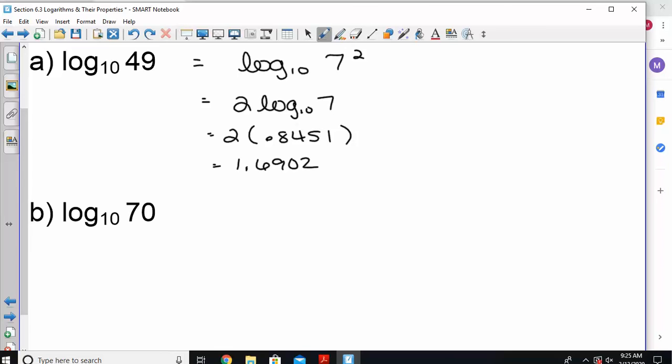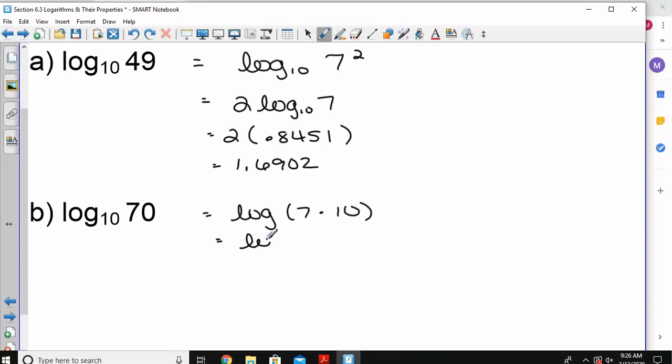Next one. Could I rewrite 70? Seven times 10.